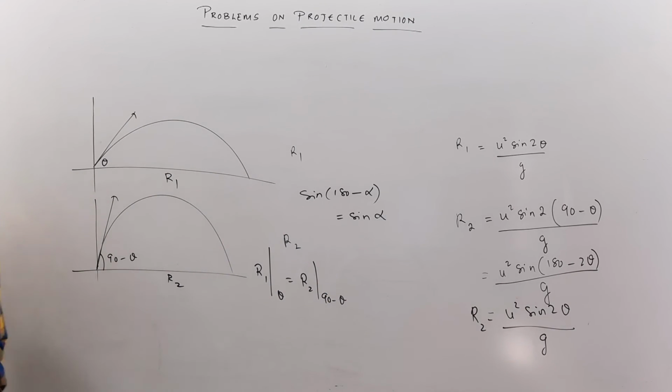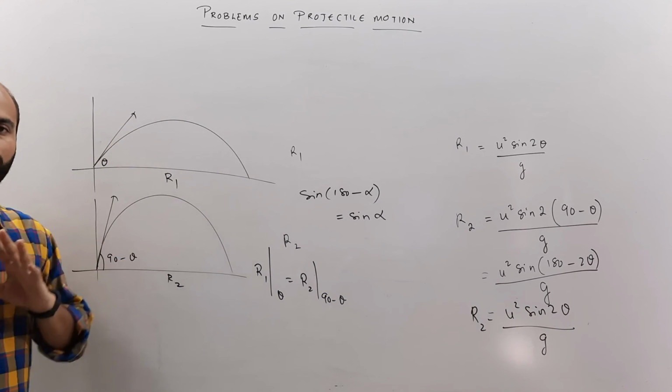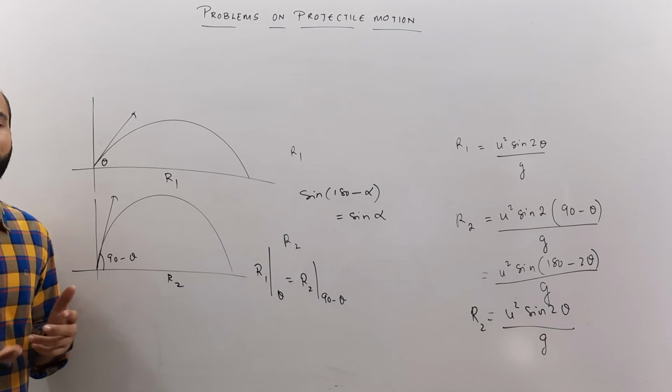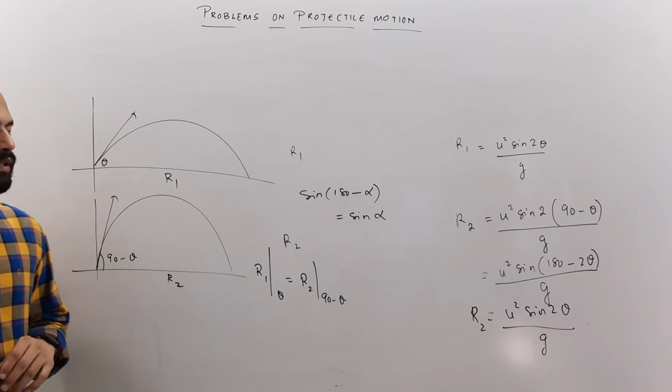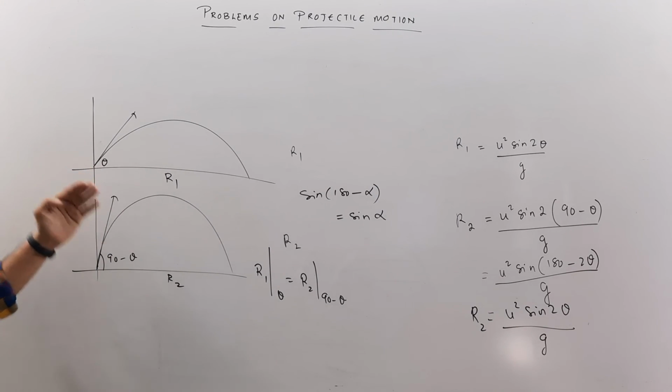So we come to a big conclusion now: if the two angles are complementary and the projectile is fired at complementary angles, then the range of that projectile remains the same. So if one is alpha and the other one is 90 minus alpha, then the range is the same.